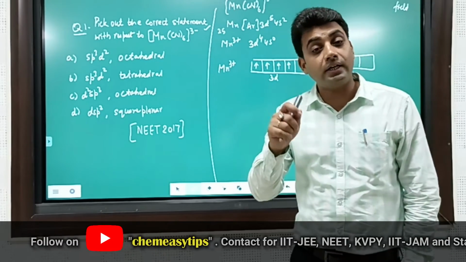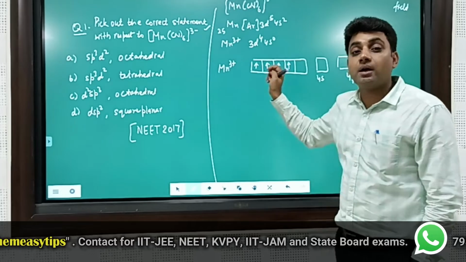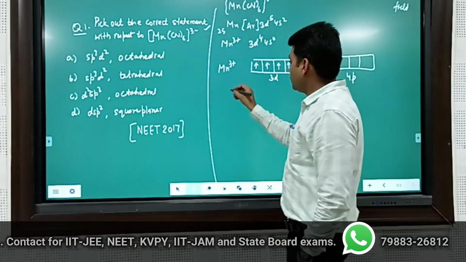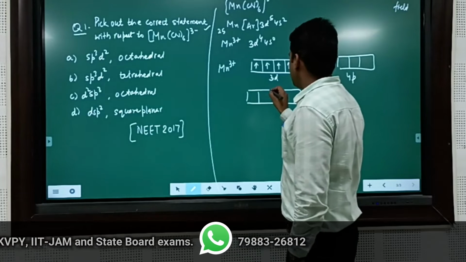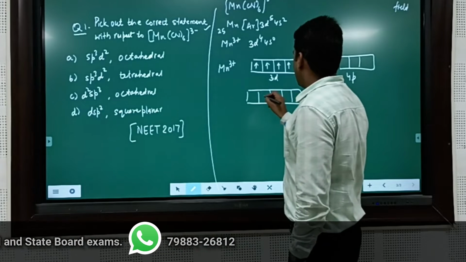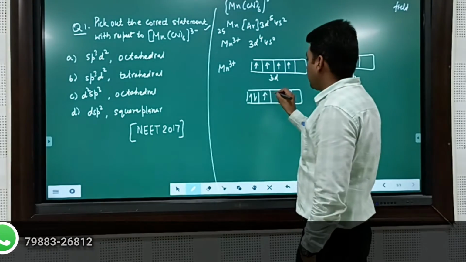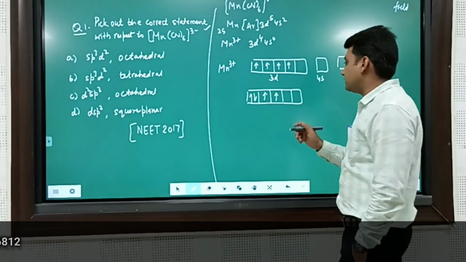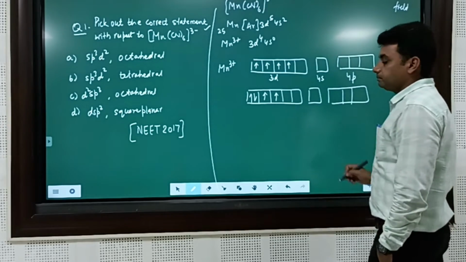So that gives another idea that this complex is paramagnetic in nature. So in the presence of cyanide, only 2 electrons get paired up, and 2 electrons remain unpaired in this case, and 4s and 4p are empty.